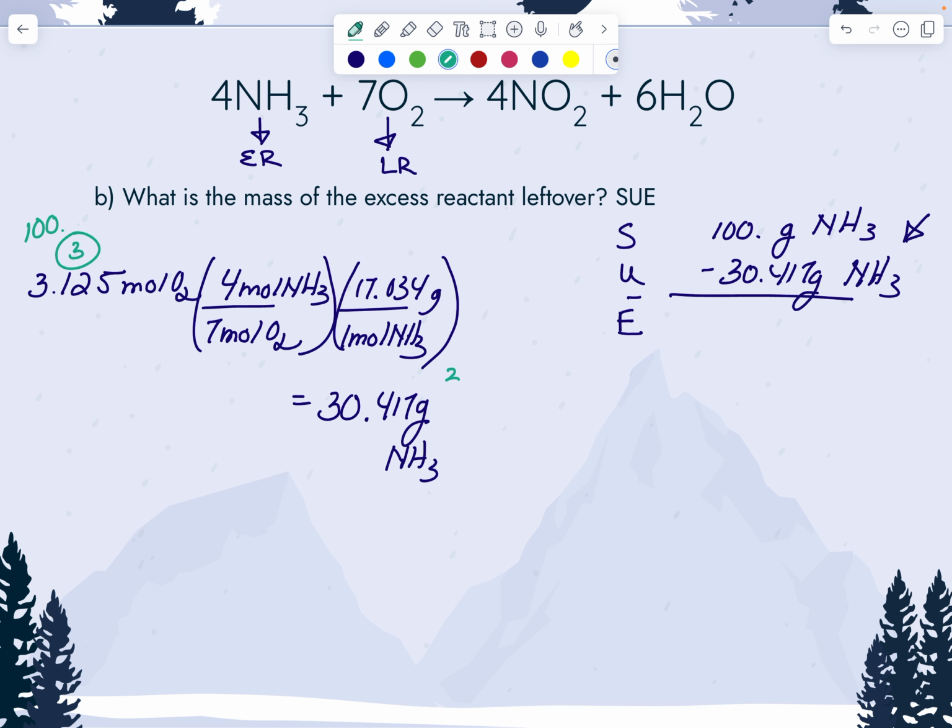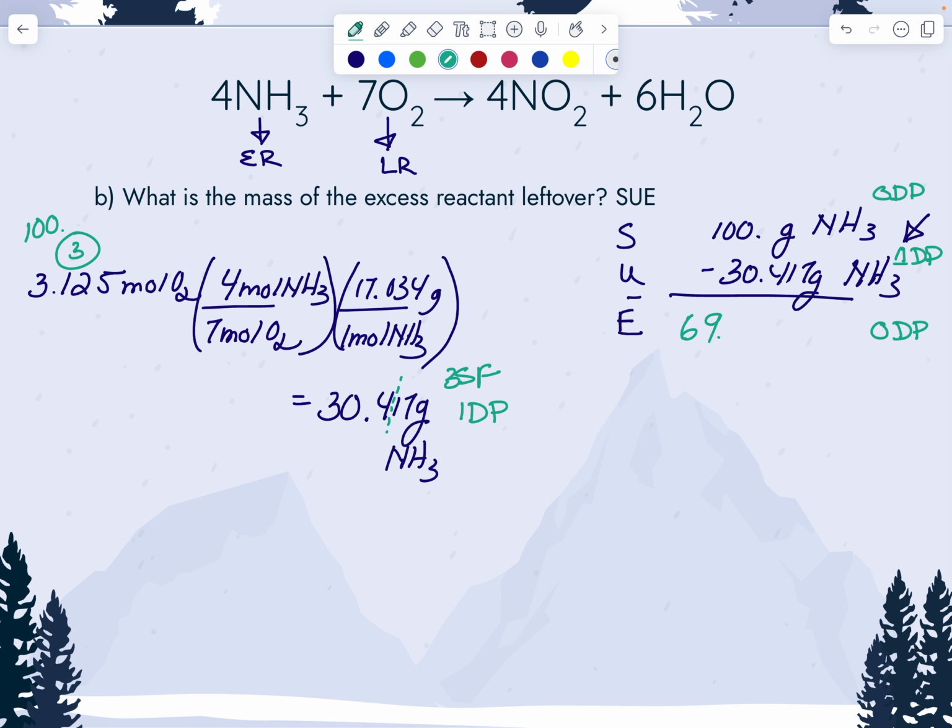So this guy would be 3 significant figures, which would mean 1 decimal place. 100 with a decimal point there has 0 decimal places. Subtracting a number that has 1 decimal place, I should just keep 0 decimal places. So do the subtraction without doing any rounding.